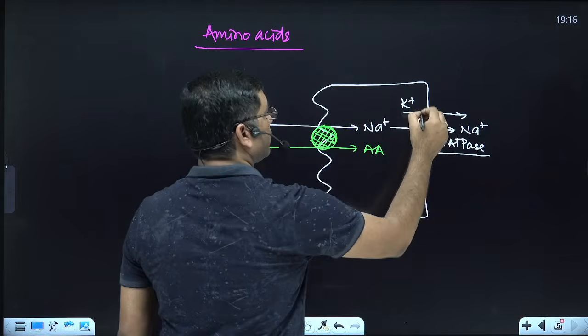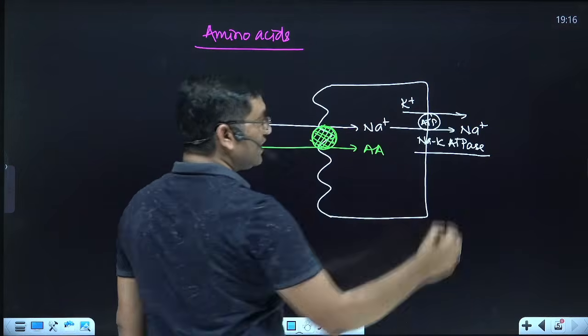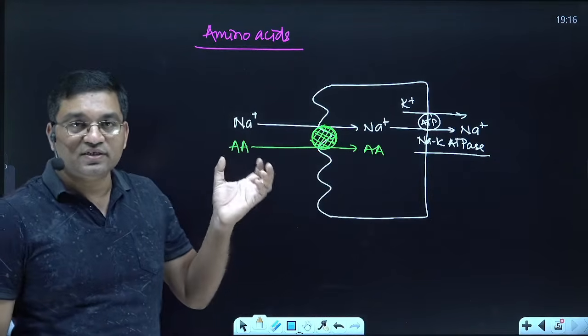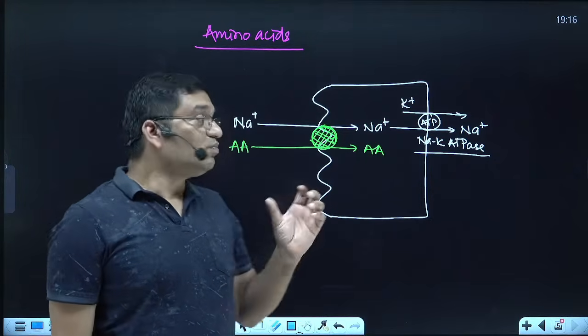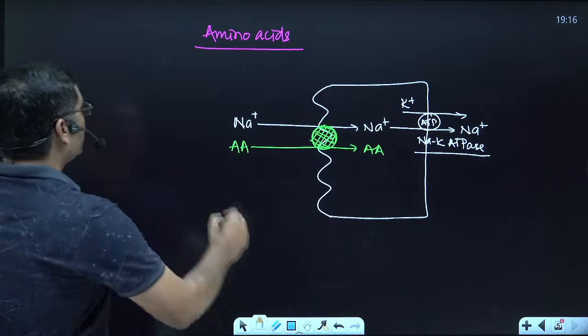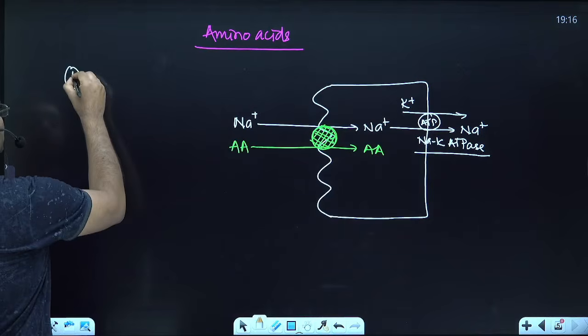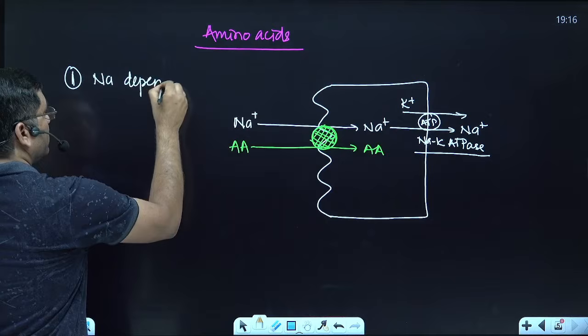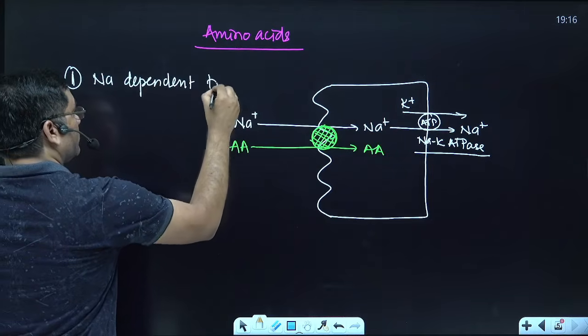ATP is required for this process. So this is indirect use of energy. So this is known as sodium dependent transport or symport of the L amino acids. So this is the one mode of absorption, that is sodium dependent transport.